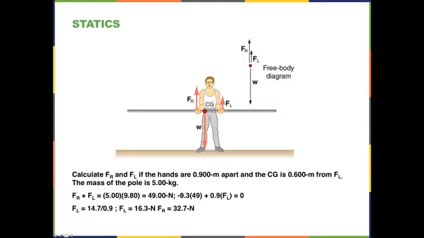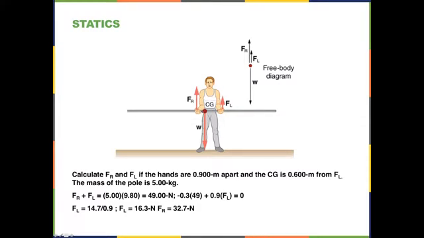And in this case, we selected the weight point as the pivot point here. So it's -0.3, which is this distance, times 49, which is the total weight, plus Fl times 0.9 is equal to 0. And if you do the math here, Fl is equal to 16.3 and Fr is equal to 32.7.